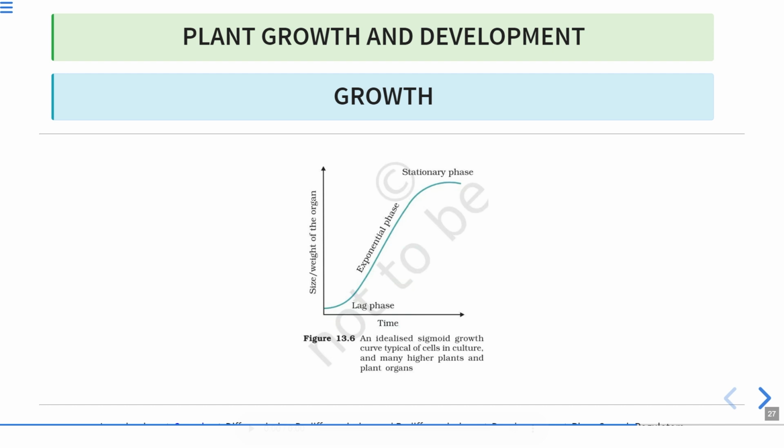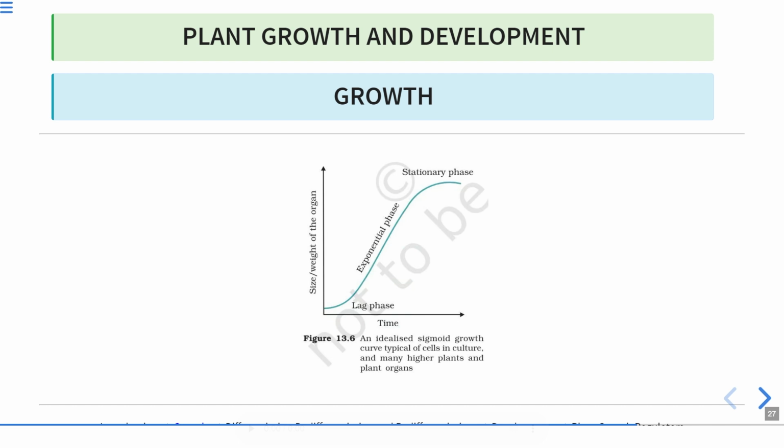And this you see in the case of cell culture also. Cell culture means when you are culturing the cells in a very controlled form in a laboratory, then also you see such type of curve. Because earlier, when the cells divide, the number of cells is very small. Suppose you have taken just one cell. So one cell divides into two, two will be 4, then 4 to 8, 8 to 16, 16 to 32, 32 to 64.